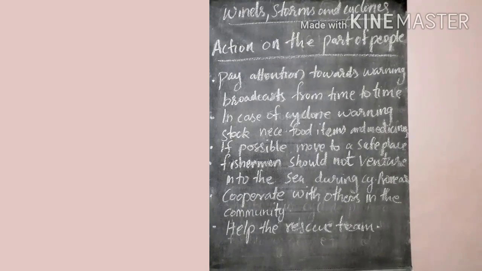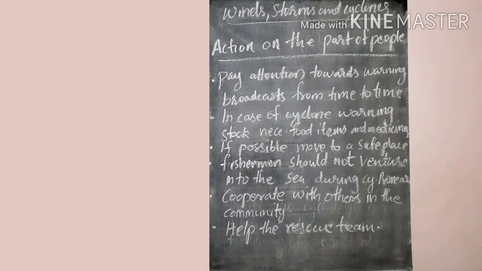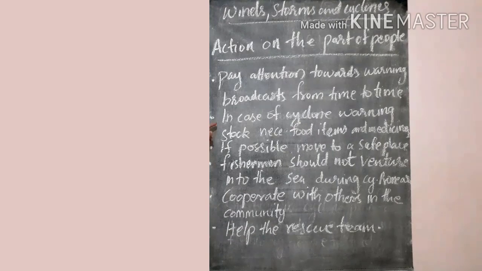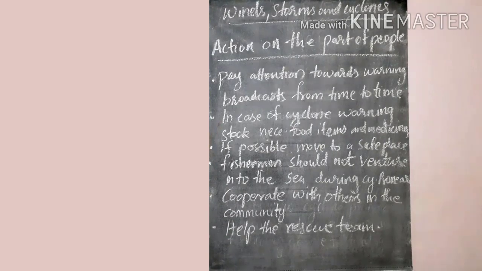They must know the weather forecast from time to time. Second, in case of cyclone warning, we must stock necessary food items and medicines. If possible, move to a safe place. The fishermen should not venture into the sea during cyclones.